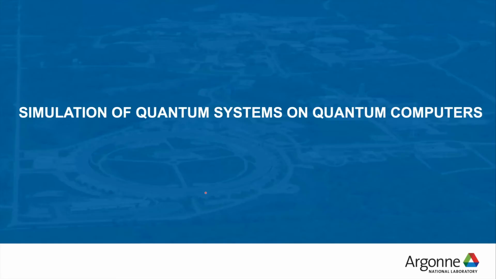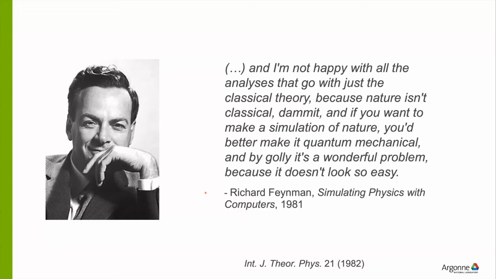And so the promise of the quantum computers is basically representing quantum systems on quantum computers. And Richard Feynman in the 80s, here is a famous quote about simulating quantum systems on quantum computers because it is very inefficient to do it on a classical computer. And this problem with the full configuration interaction is a perfect example of how this happens.